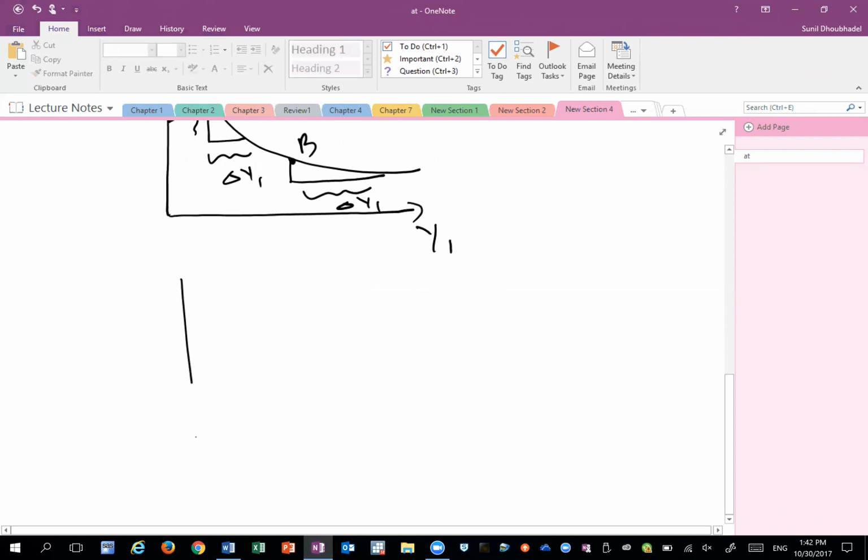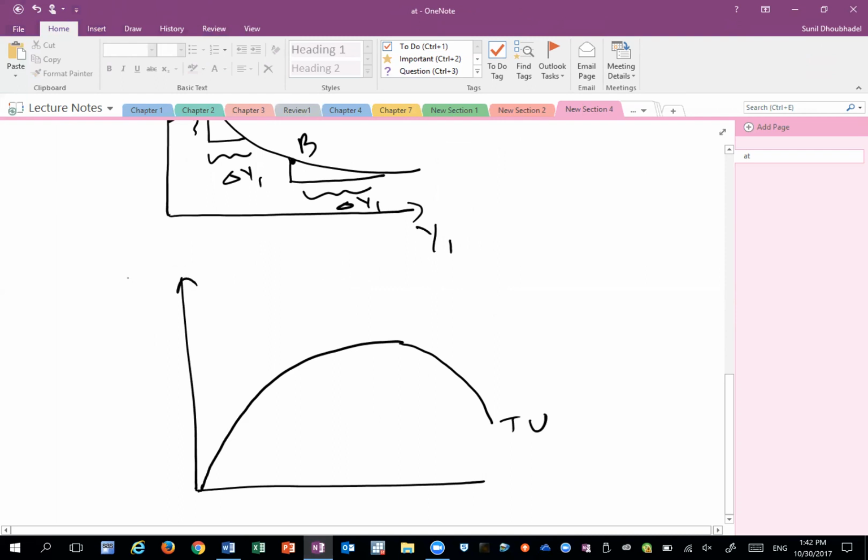Okay, so let me show you. This is total utility on the y-axis and goods on the x-axis.